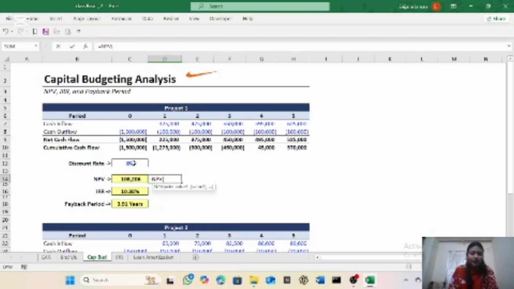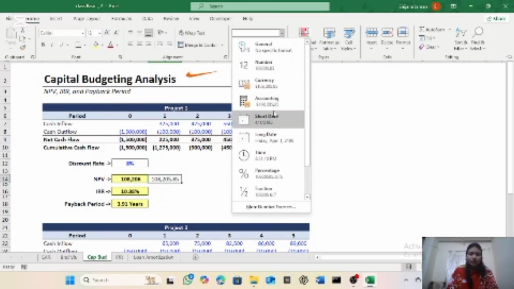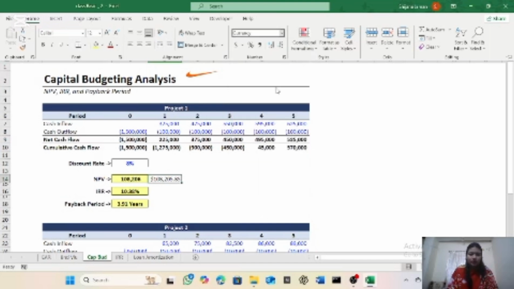Our rate would be discount rate, comma values means first year to 5th year, bracket close, plus our initial value, enter. Yeah, now we are converting it into currency. Okay, yeah, this is our net present value.